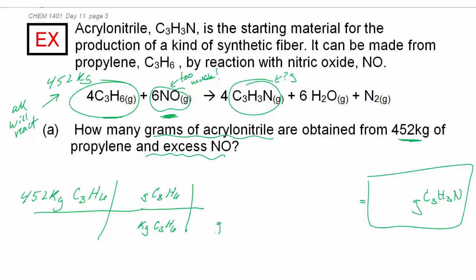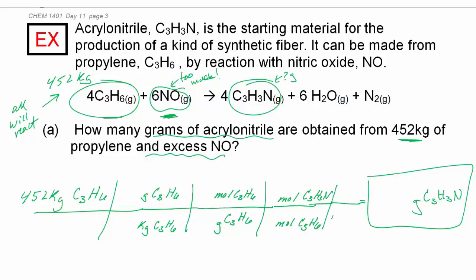Now I'm in grams, so I'm ready for molar mass of propylene. And then once I have moles, now I'm ready for mole bridge. And I'm trying to end up here in moles of C3H3N. Last step would be the molar mass.